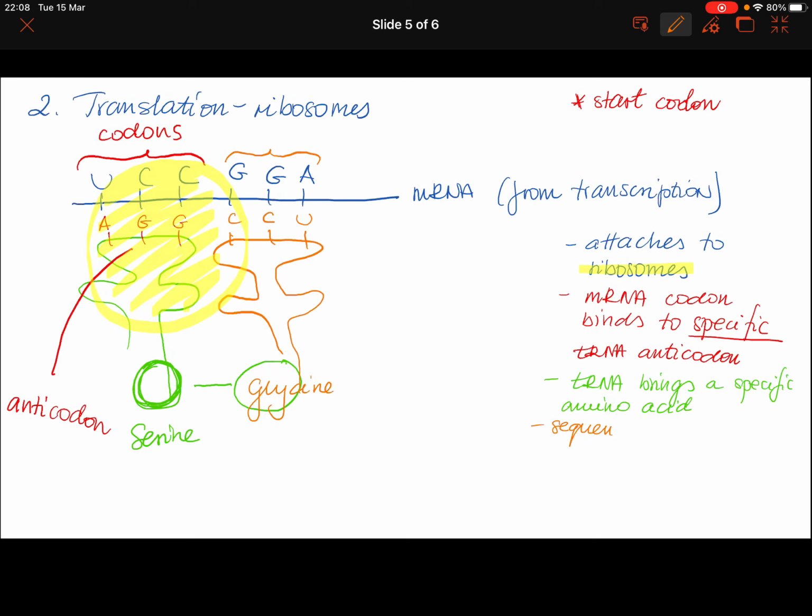So the sequence of codons determines the order of amino acids. So it determines the primary structure.